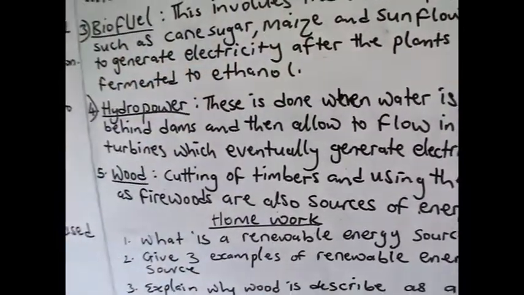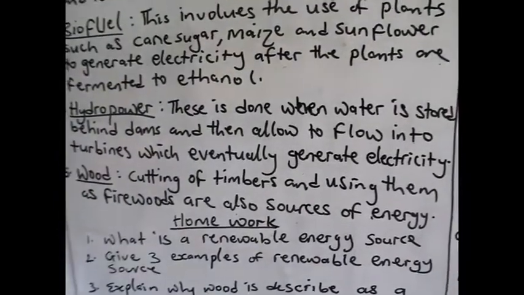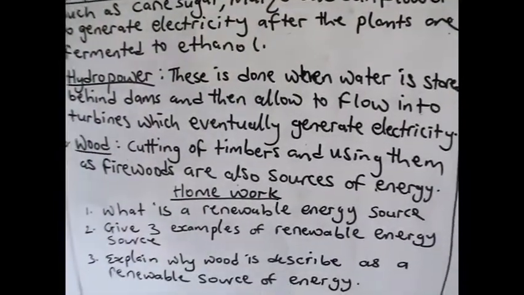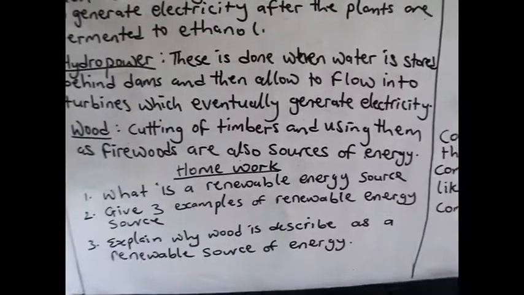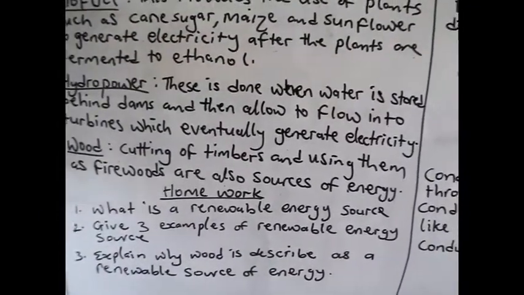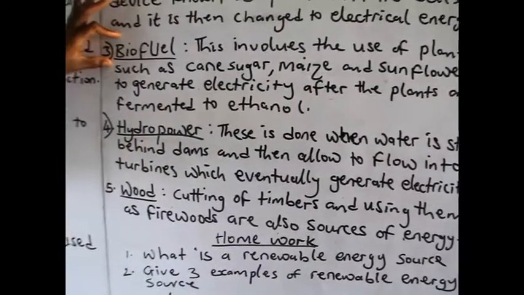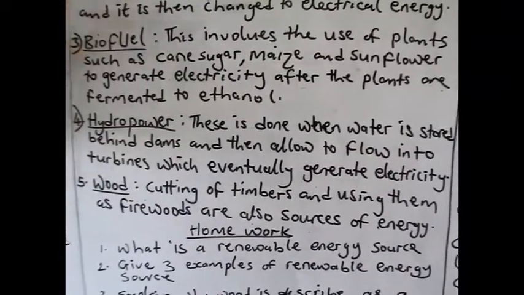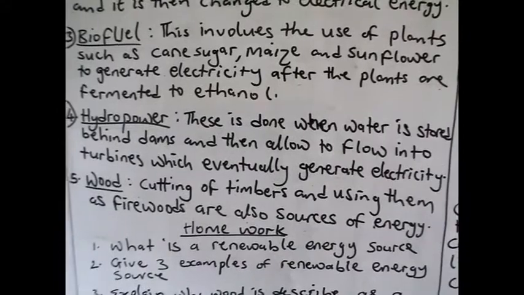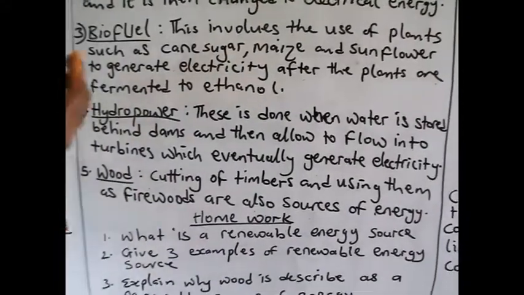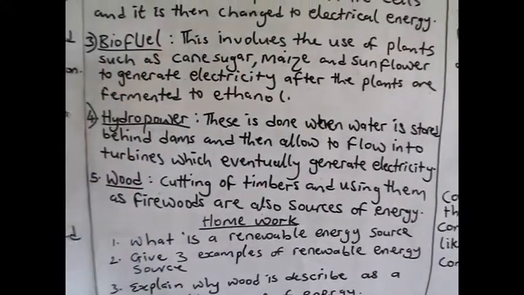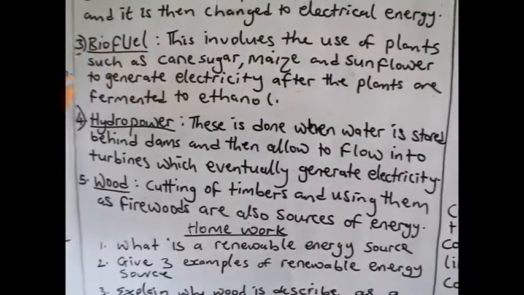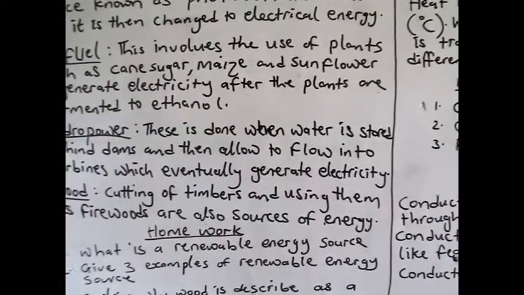This ethanol can easily be used to generate energy. As a matter of fact, some technology uses ethane from the dung of chicken, cow, or whatever to generate fuel, which is used for our gas cookers. So this is another source of energy that can be renewed.